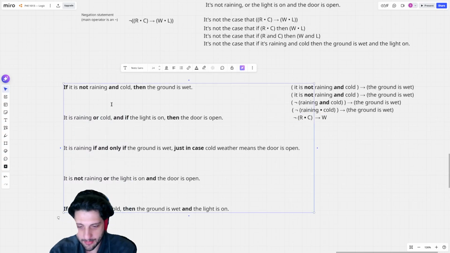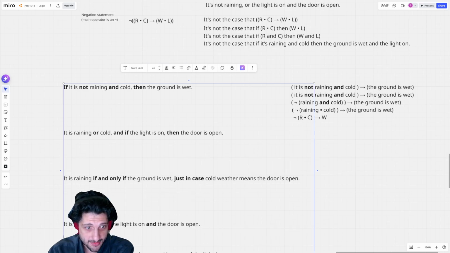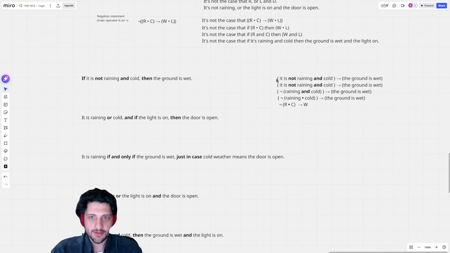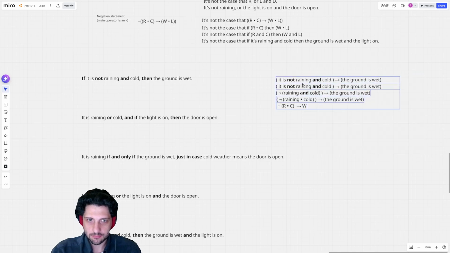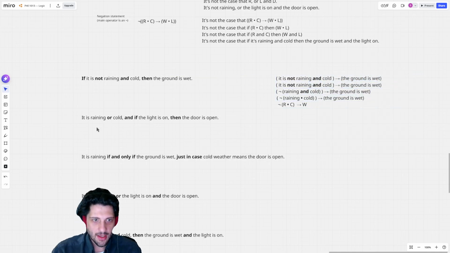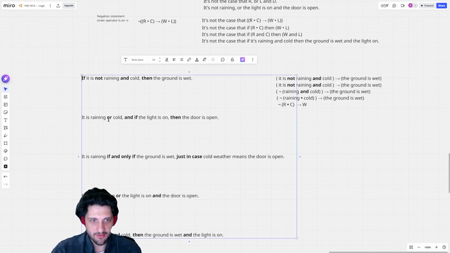Let me probably need more space for each one of these. So let's go ahead and do that. Okay, it is raining or cold, and if the lights are on, then the door is open. Again, we have this or, this and, this if, this then.